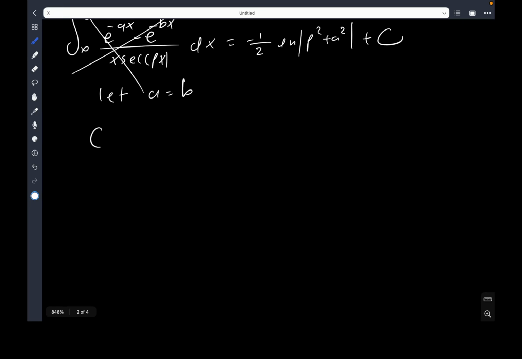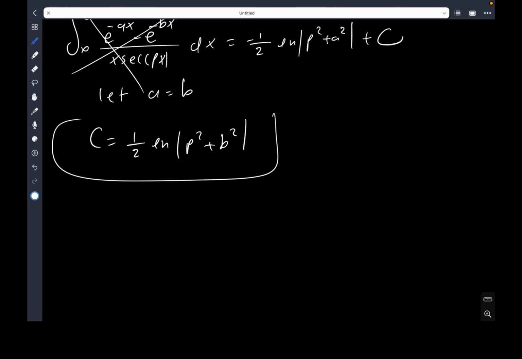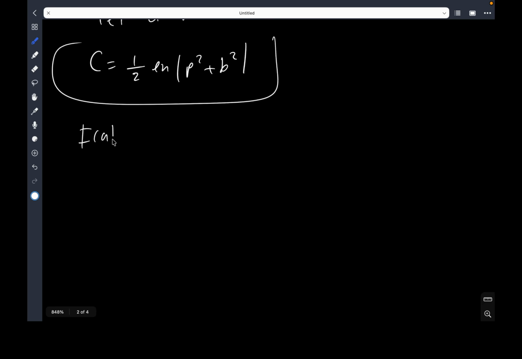And my c is going to become half ln of p squared plus b squared if you substitute b for a here. And my I of a is negative half ln of a squared plus p squared plus half ln of p squared plus b squared.